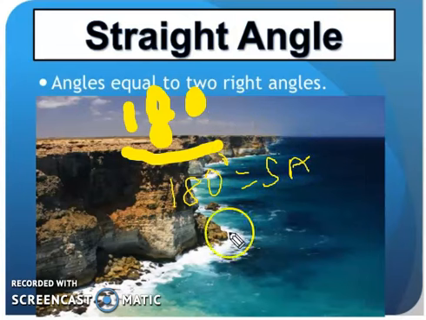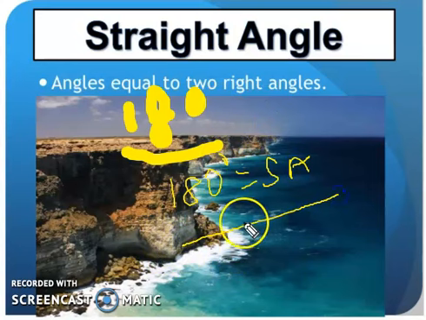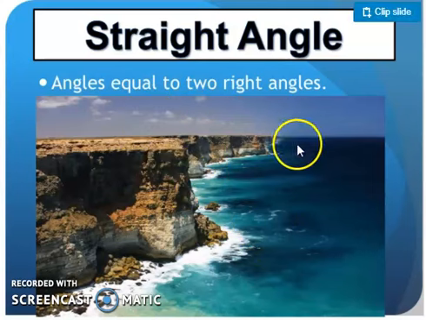This is represented like this and we make a curve here as 180 degrees. Okay, let's get to the next slide.